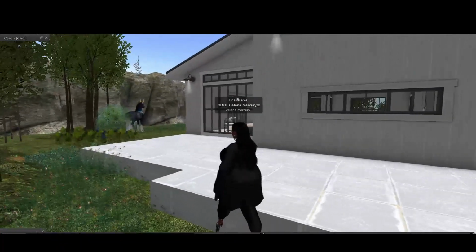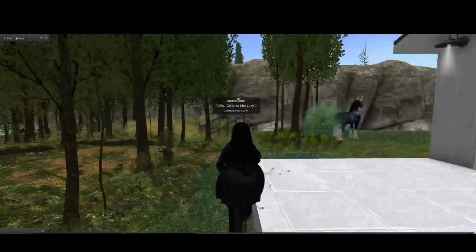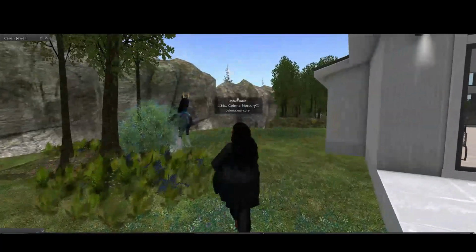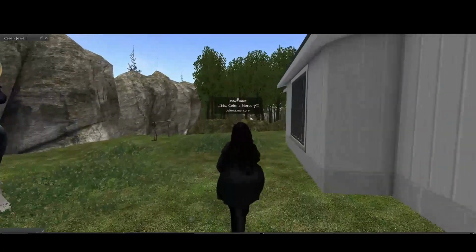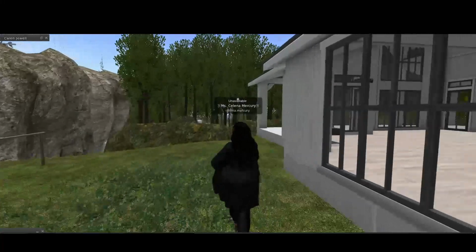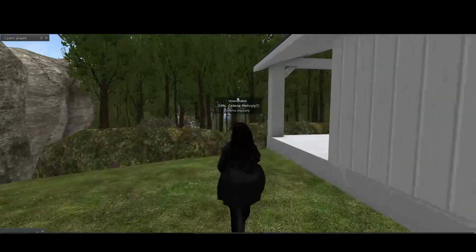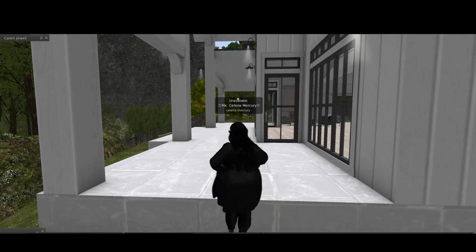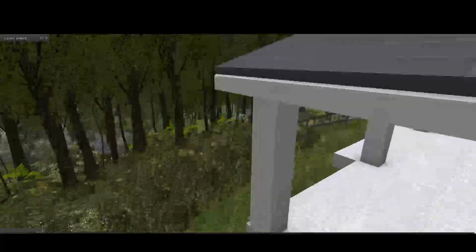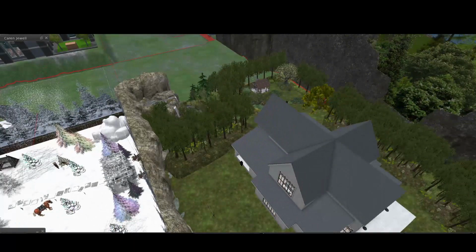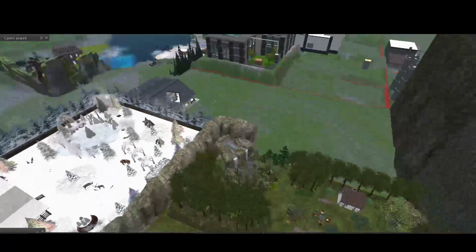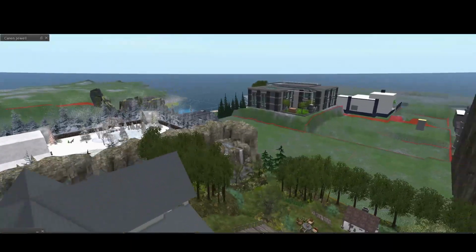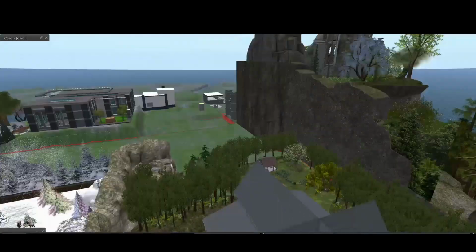Because, as you can see, there are other properties nearby. And God bless these people. They put up a high wall and built up high too, so that they aren't disturbing the people below them.